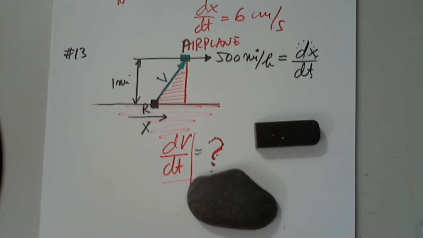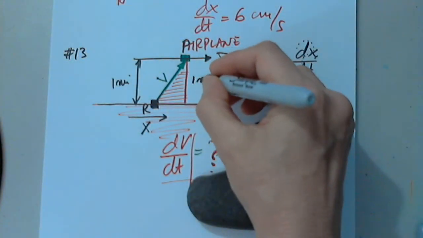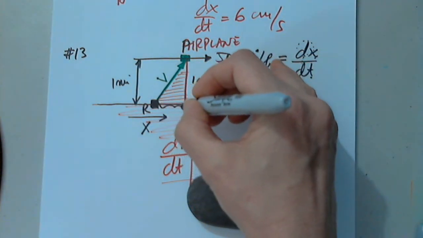Good. So now which equation? Perfect. We established what we are given. We established what we're asked to find, and now we are ready for the equation. Which equation did you have in mind? I think I heard Quinn saying it already. The Pythagorean theorem. Exactly. Very good. Knowing that this is 1 mile and knowing that this is x.